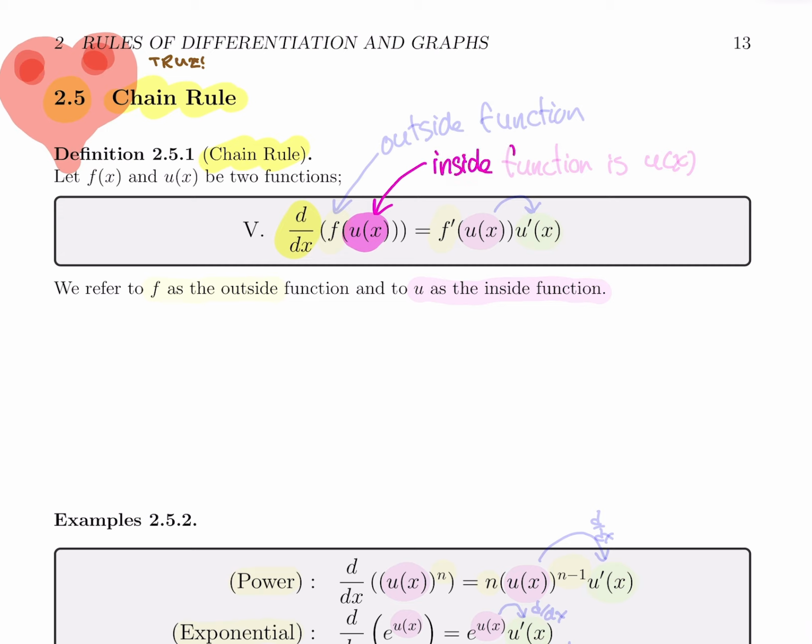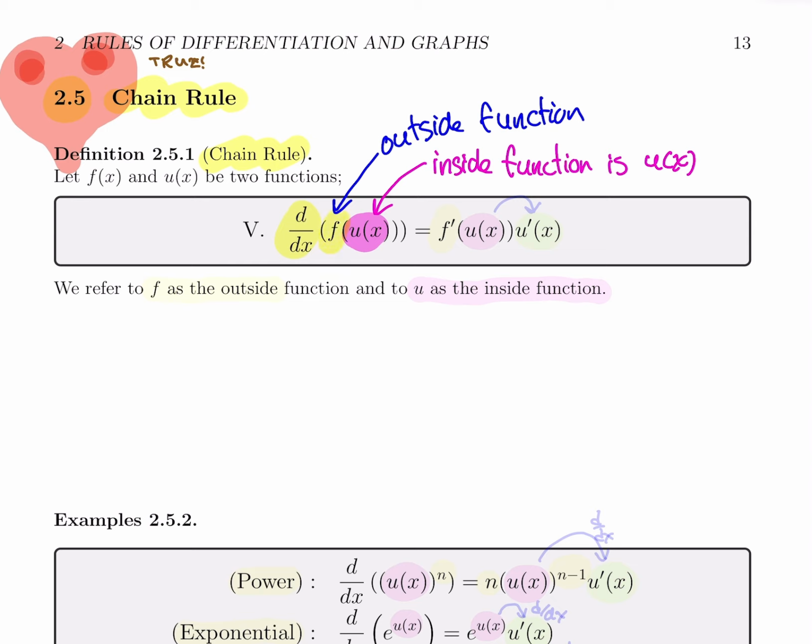When I refer to the inside function or the outside function, the inside is u and the outside is f of x. So f of x is the outside function. And we want to compute that derivative of f at u of x.